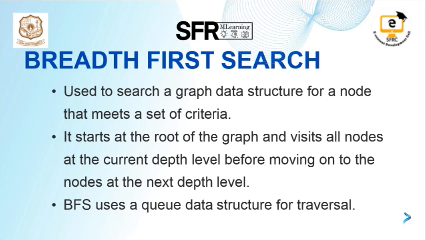For each unvisited neighbor of the dequeued node, enqueue the neighbor into the queue and mark the neighbor as visited. In the process of termination, we have to repeat step 2 until the queue is empty. This algorithm ensures that all nodes in the graph are visited in a breadth first manner starting from the starting node.